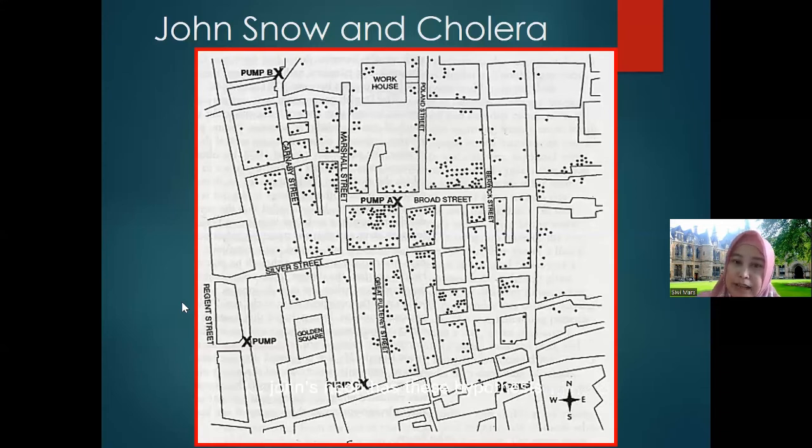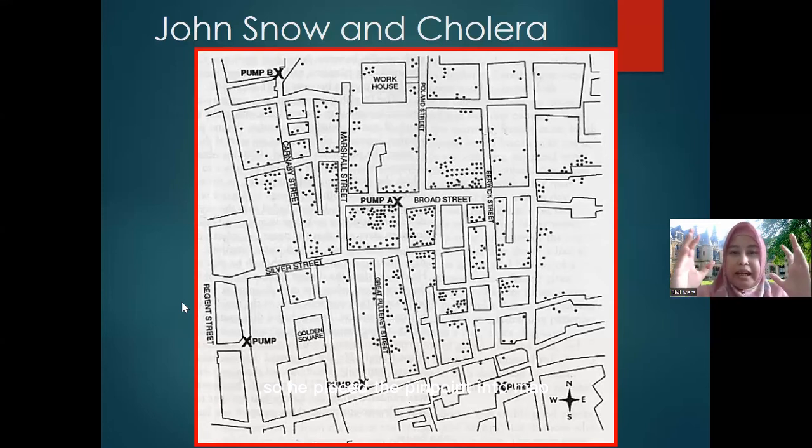John Snow had this hypothesis because he tried to pinpoint the coordinates of the cases who got cholera, and he found out that the cases were clustering among the people who lived near the water pump.